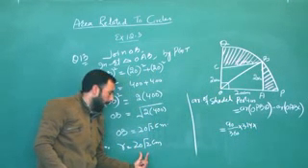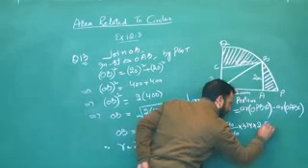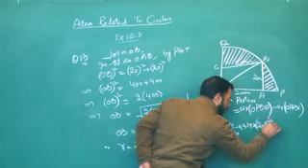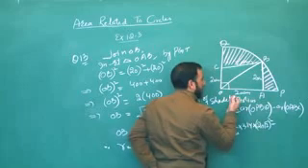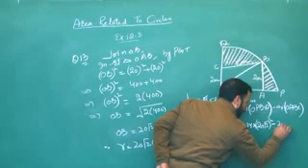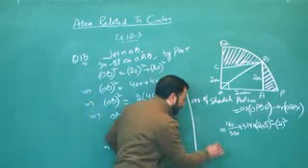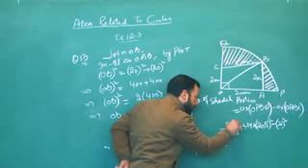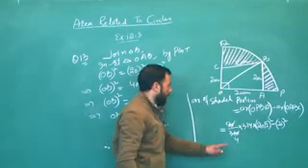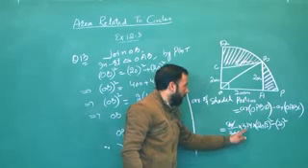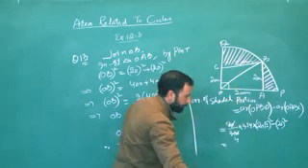R is 20 square root 2 and r square is 20 square root 2 whole square, minus the area of a square, that equals side square. What is the side of the square? It is 20. We can write it as 20 square. So we cancel out here. It implies 90 by 360 gives 1 by 4. We get 1 divided by 4, 3.14 into 20 square root 2 whole square.